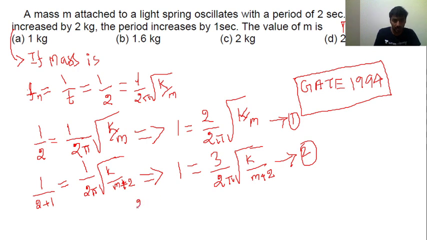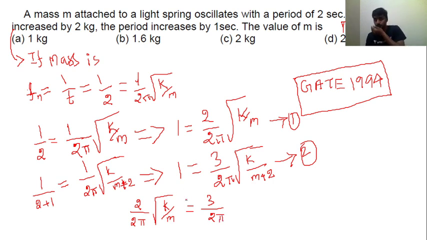2 divided by 2 pi into root of k divided by m is equal to 3 divided by 2 pi into root of k divided by m plus 2.